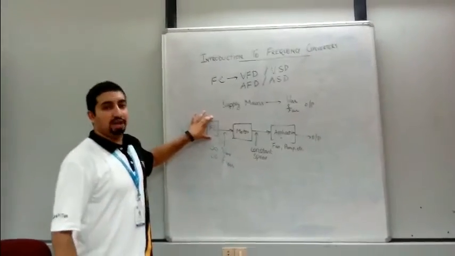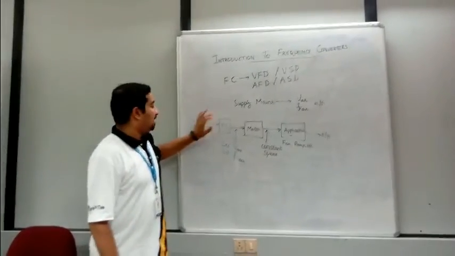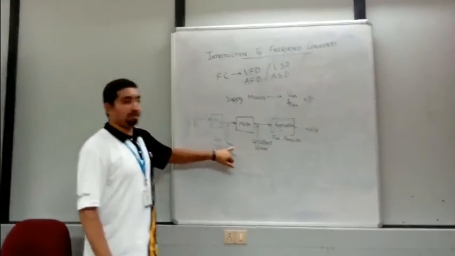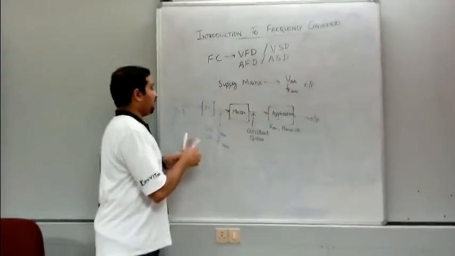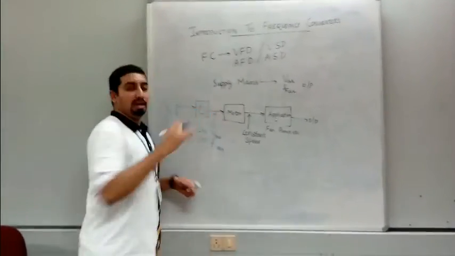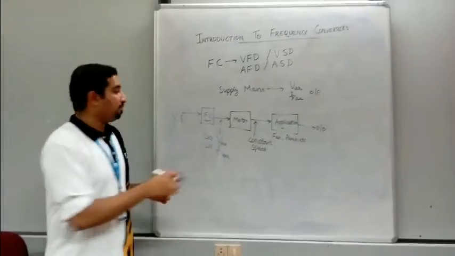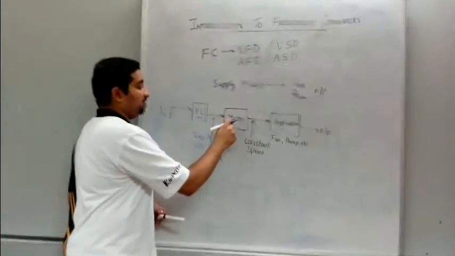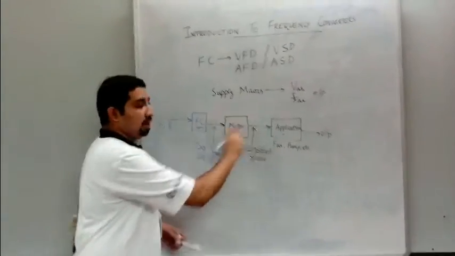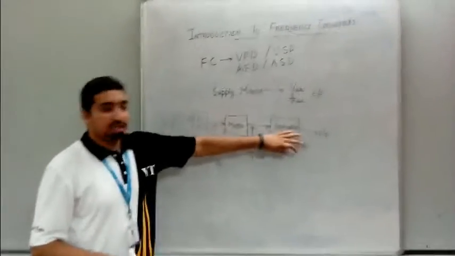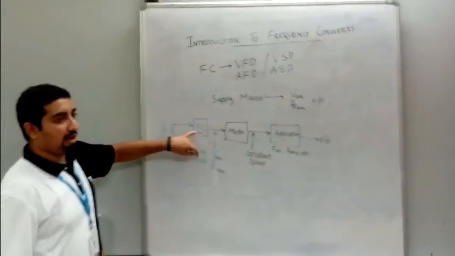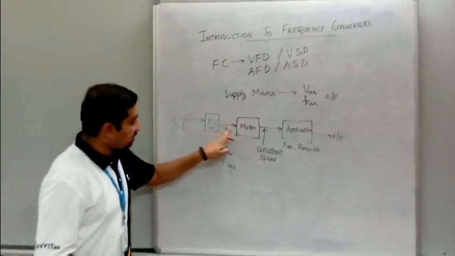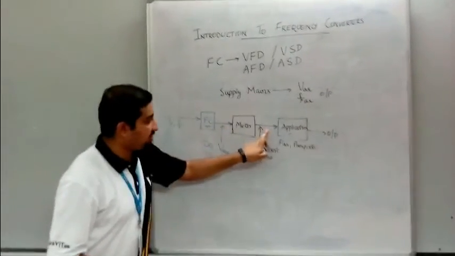But by adjusting the FC parameters, we can get a very high range of variable voltage and a very high range of variable frequency. Depending on the parameters that we have given in this FC, the parameters that I will be telling later, we can get some speed with which the motor runs. Now, if I need a change in the application speed, all I have to do is change some parameters in the FC so that this frequency changes and this speed changes.